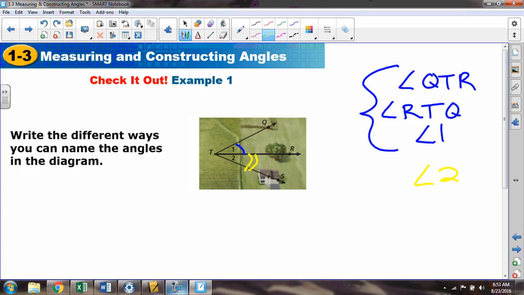But as you noted, Jalen, if we did decide to call it RTS, that's absolutely correct. And what about the combined angle? How would you name the combined angle? QTS works. And so we've got that one finished.